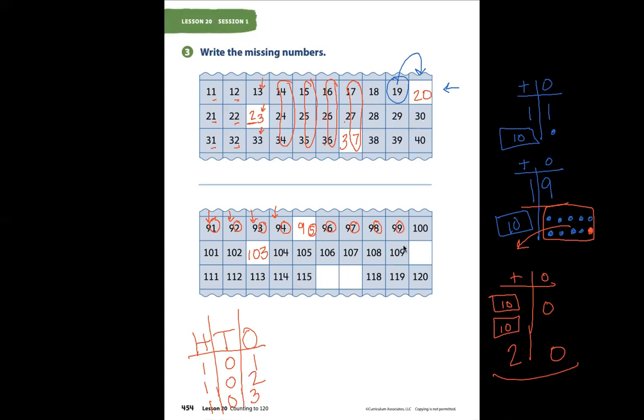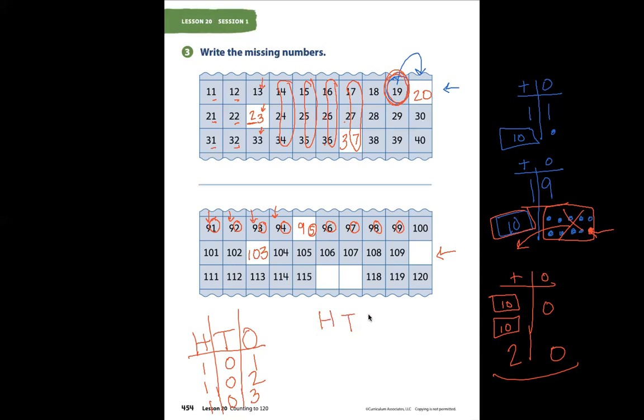After the number 9, up here we had 19. Right here, we built it. We had one group of 10 and 9 ones. When we added one more 1, we made a 10 and had to move it to the tens place. The same thing happens when we have 109.